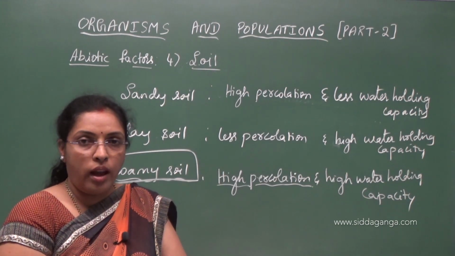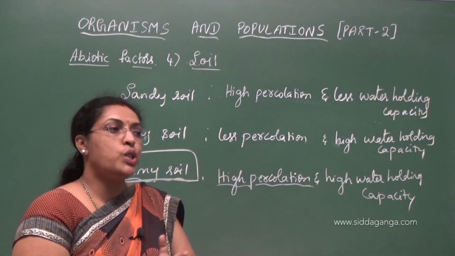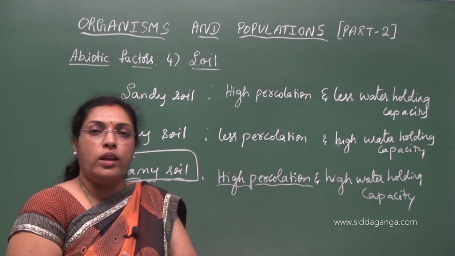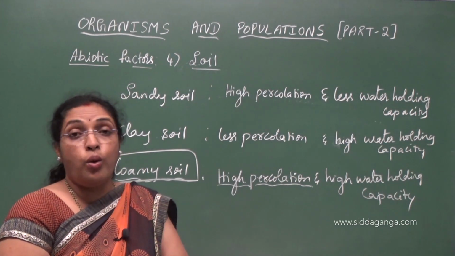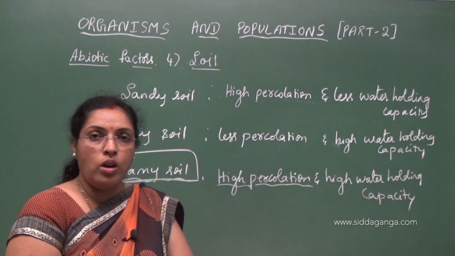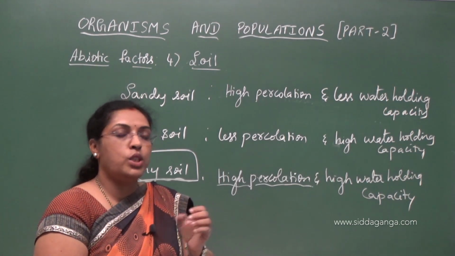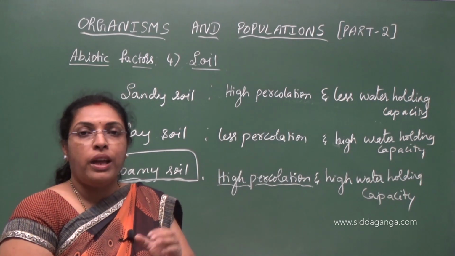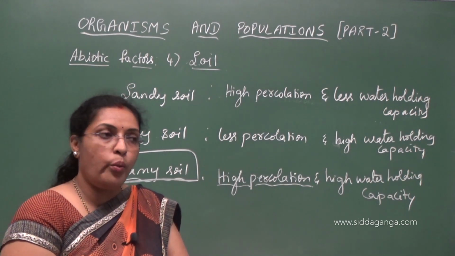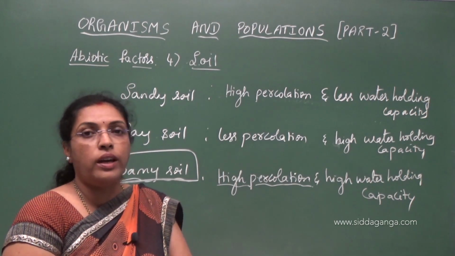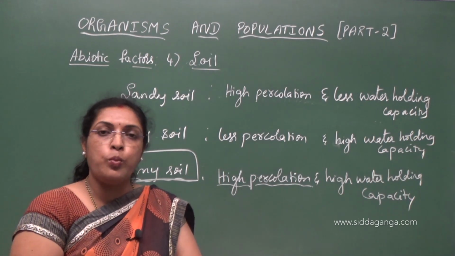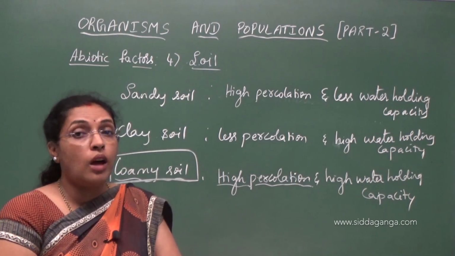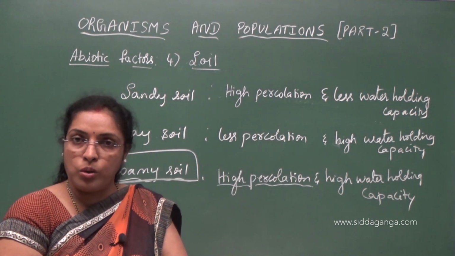And stenohaline means the organisms can live in a narrow range of salinities. The salinity, the salt concentration in water, is less than 5 in inland water, between 30 to 35 in sea water, and more than 100 parts per 1000 in hypersaline lagoons.